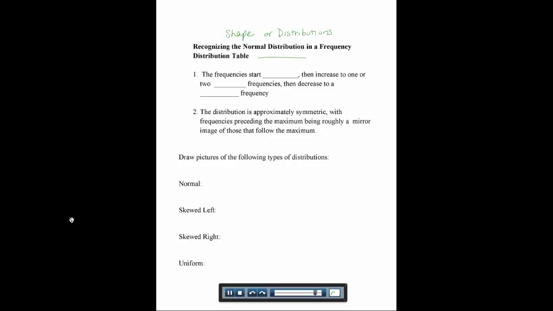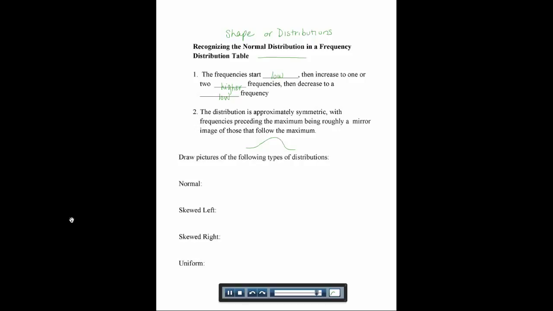So when we have 2 things that happen, the frequencies start low, and then increase to 1 or 2 higher frequencies. So then they get bigger in the middle, and then they come back low. And the important thing is they do this symmetrically. So if we drew a graph, it would be a nice bell curve where it goes up and it comes back down the same way.